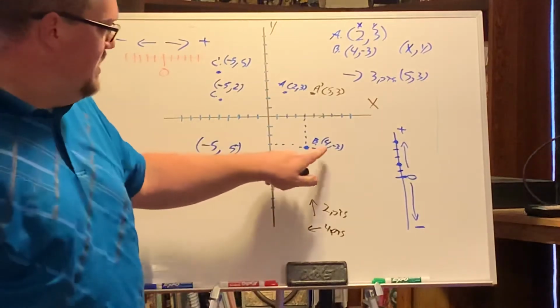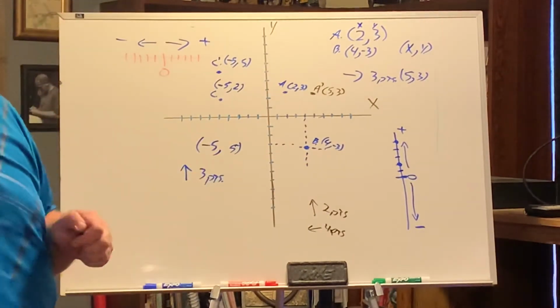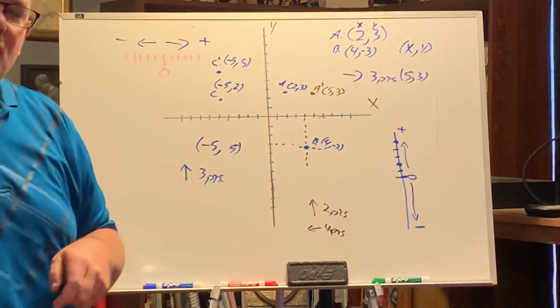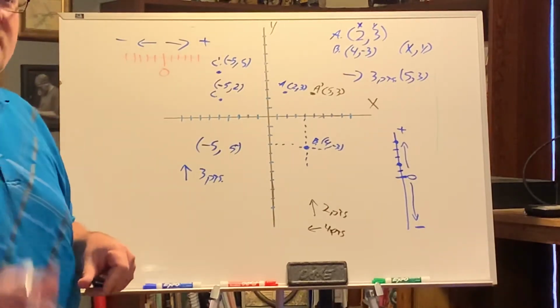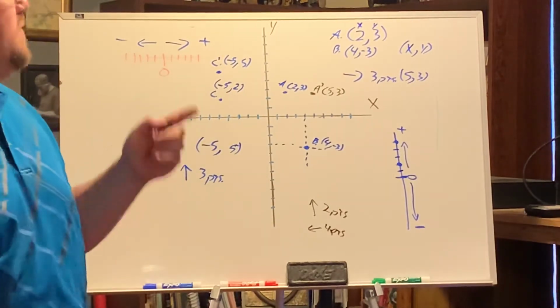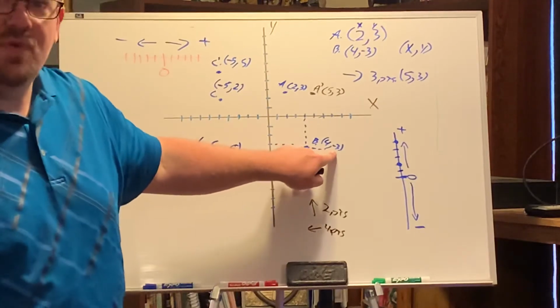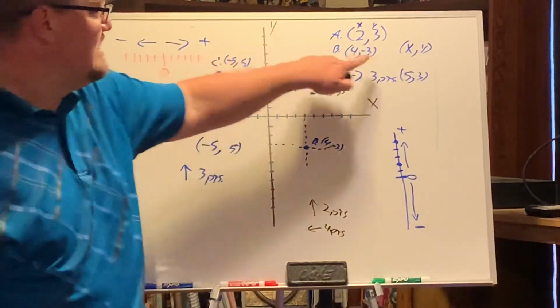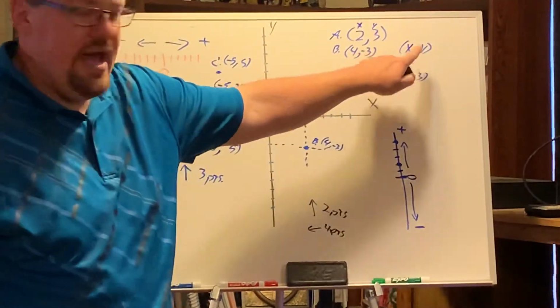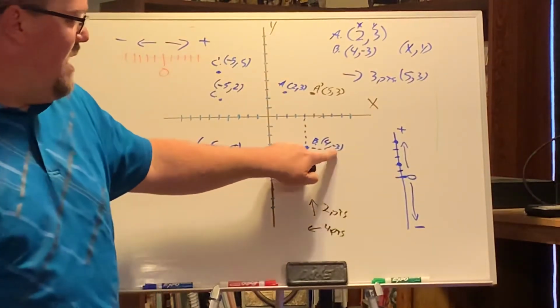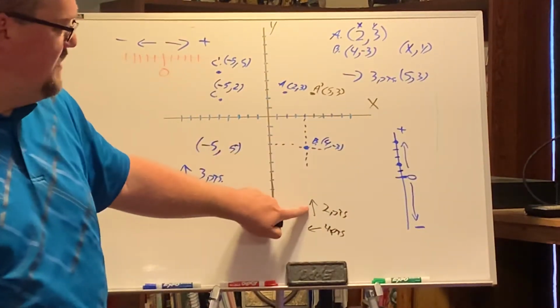Now, if we look at our up and down, which one is that going to be? The 4 or the negative 3? Which value tells us the up and down? The second one, right? The negative 3, because that is our y-axis. Remember, x, then y. So y tells us up and down, so negative 3, we're going up 2.